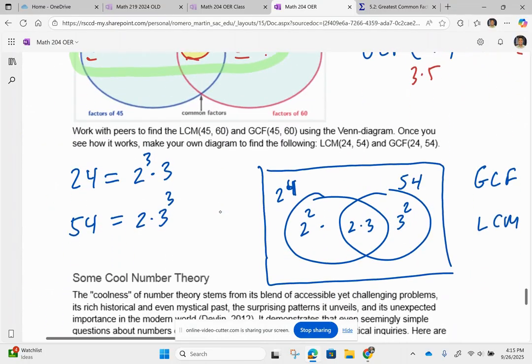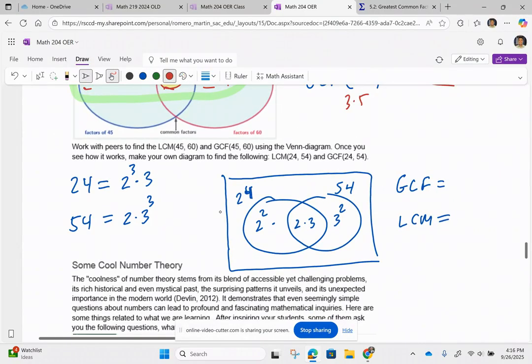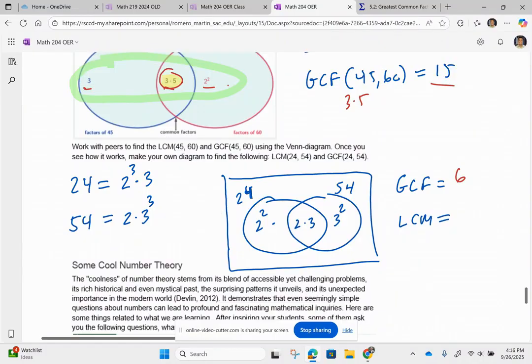So it's kind of cool. I'll let you pull this one here. So based off of this and already done, you could pause and double check it. But the greatest common factor would be 6 because 2 times 3. The least common multiple would be 2 squared times 2 times 3 times 3 squared. So the least common multiple of 24 and 54 would be 8 times, so we get 2 squared is 4 times 2.